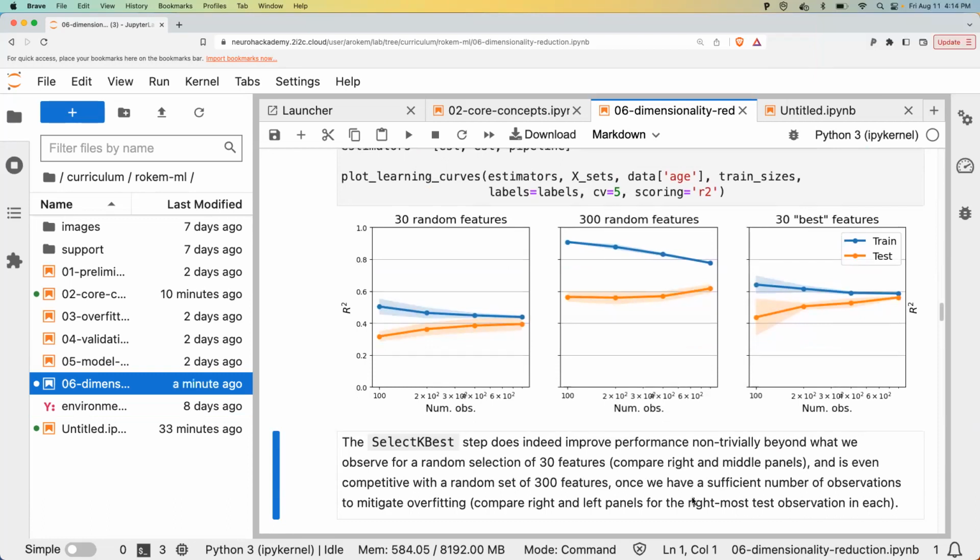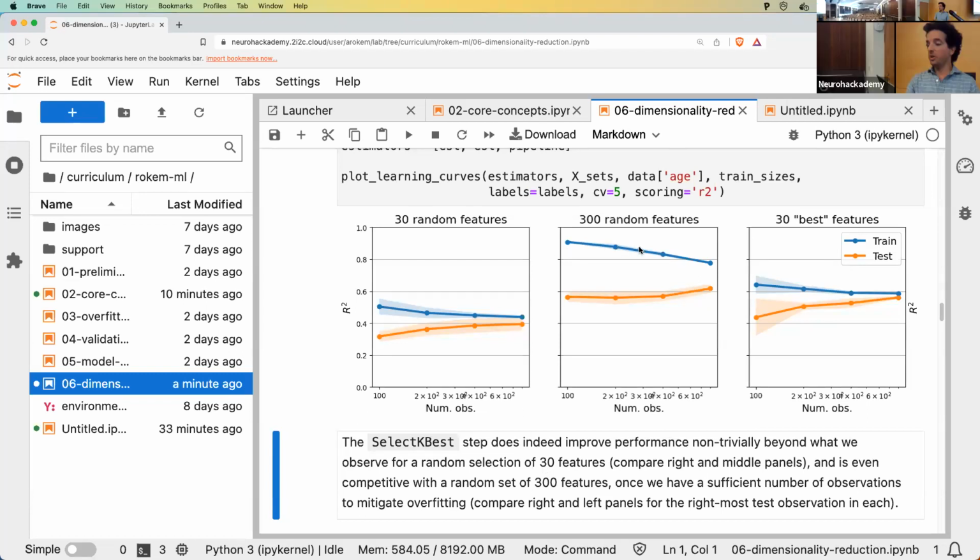Ariel, one question. In the second graph, that would be an example of overfitting by using all these 300 random features. Here, this is an example of overfitting in the sense that this is higher than that. But this performance is not so bad.